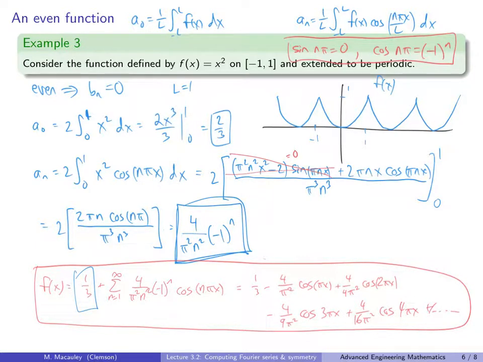It has an average value of 1/3, a calculus exercise. So the only way we can get that average value of 1/3 is by this a0 over 2. That's the vertical shift that shifts everything up by the average value. So hopefully that convinces you that this a0 over 2 term is the average value of f.